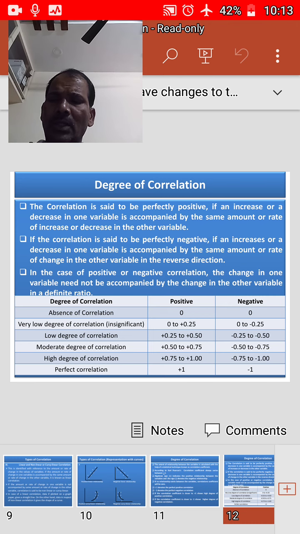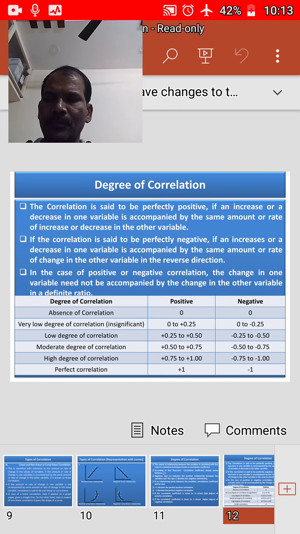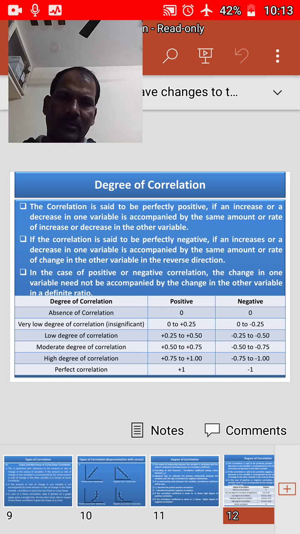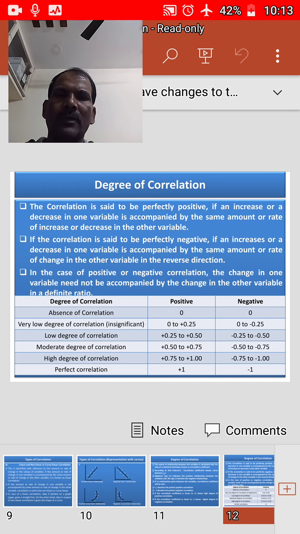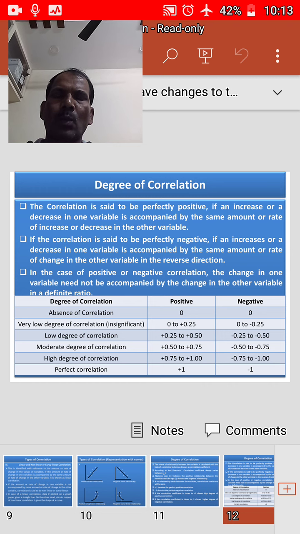Next, a high degree of correlation: plus 0.75 to 1 in the case of positive correlation, and minus 0.75 to minus 1 in the case of negative correlation. 1.00 is nothing but 1. This means there is a high degree of correlation.